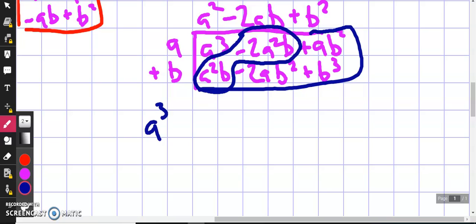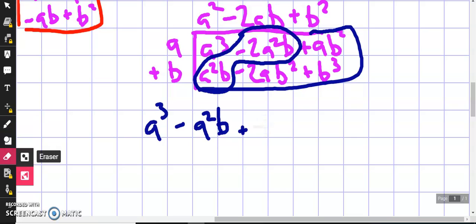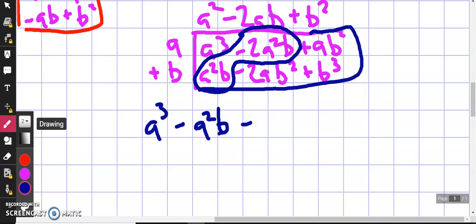So if I do negative 2 plus 1, it gives me a negative 1. So I should see negative 1a squared b, plus, then I see plus ab squared minus 2ab squared. So that's another minus 1. And then finally, the b cubed is by itself.